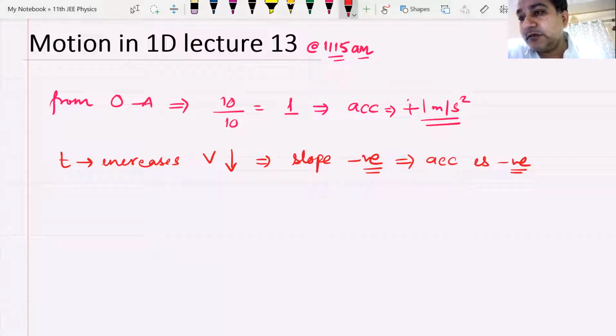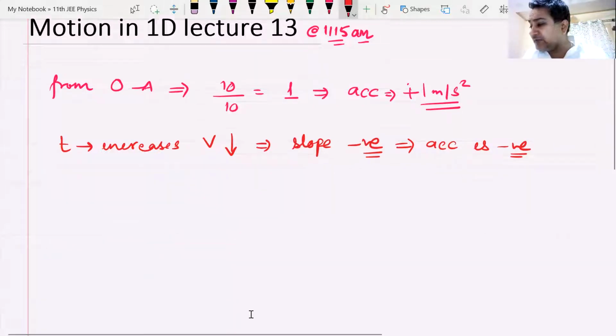Siddharth, unmute yourself and tell me what is the doubt. Can you unmute yourself? Ask me what is the doubt. I guess not.